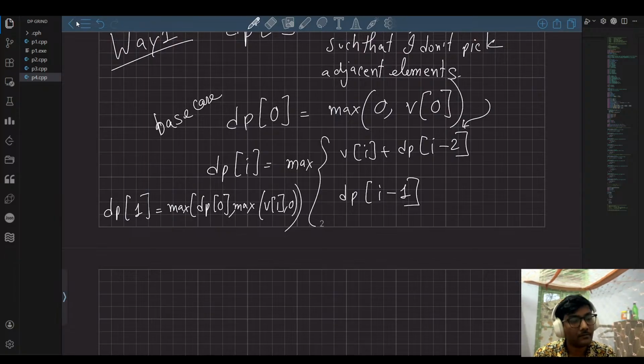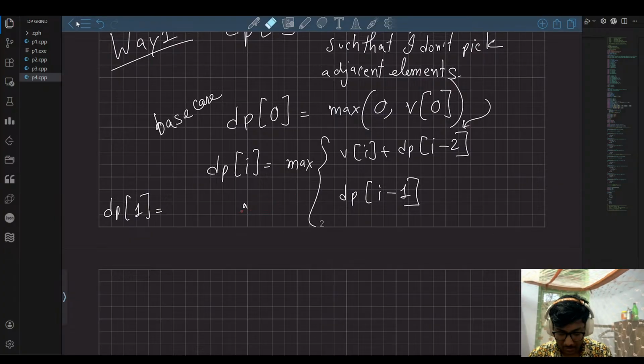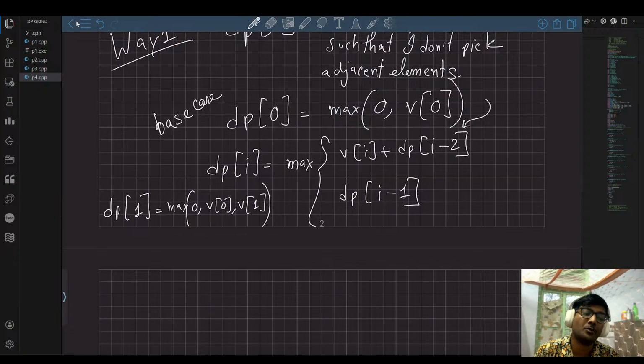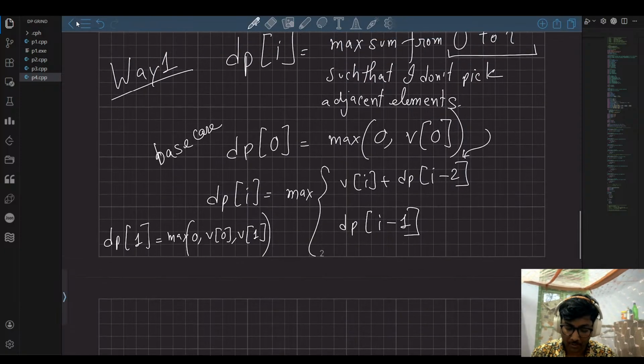So do I really want to consider the first element? The answer from 0 to 1 is either you pick up the 0th element or you pick up the first element. I can say that dp of 1 can be max of 0 comma v0 and v1. You can only pick up one from those or none from those. That's the way. So this can be defined as way number 1.